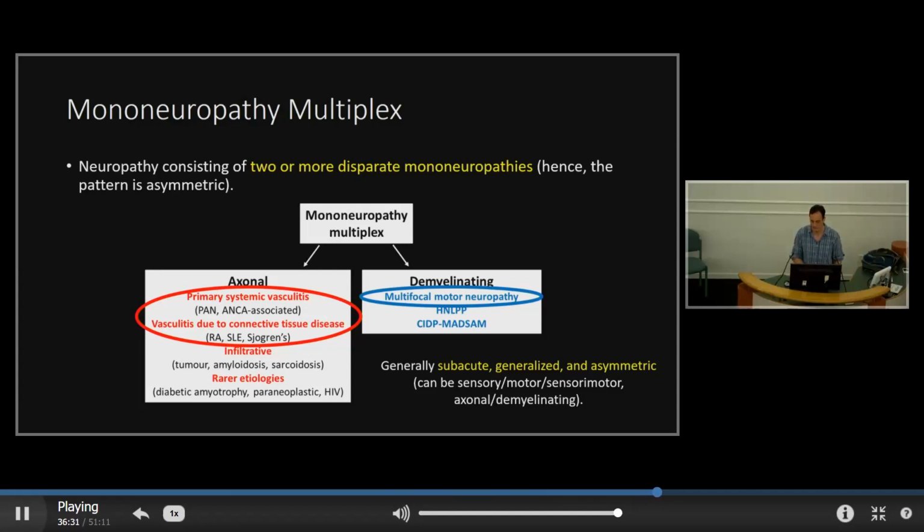We do see that sometimes. And then chronic CIDP, MADSAM is a variant of CIDP, which means chronic inflammatory demyelinating polyneuropathy. And there are a few variants of that. We're going to talk about them when we do the polyneuropathies in a few slides. So, okay, so again, these are subacute, generalized, asymmetric. They can be sensory motor, and axonal or demyelinating.